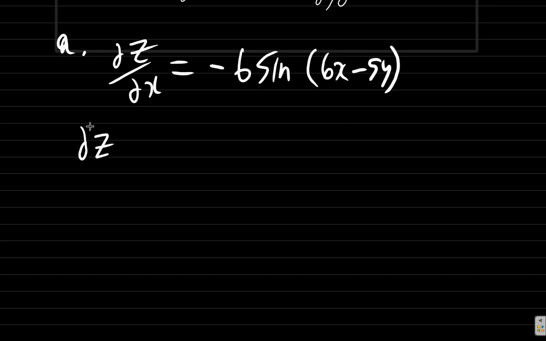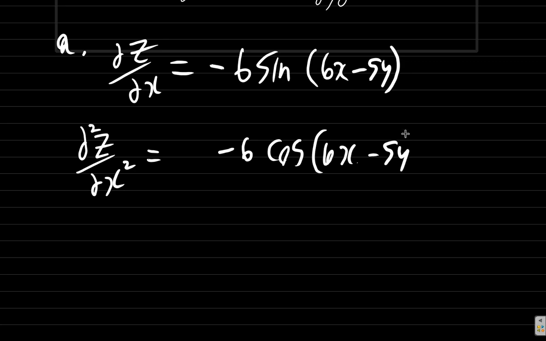Delta square z by delta x squared will be what now? You differentiate this with respect to x. So, again, you have the outside function negative 6 sine of something. When you differentiate the sine of something, you get the cos of that same thing. So it's negative 6 cos 6x minus 5y.